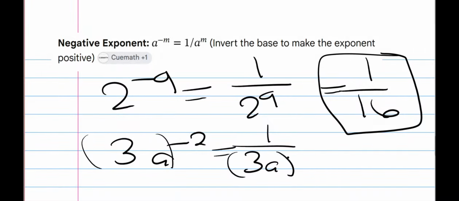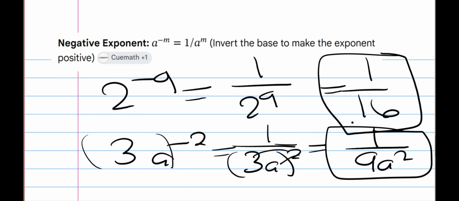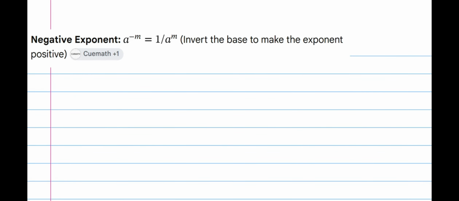So that would leave us 3a as a denominator, and if we distribute using the power of a power rule, that would give us 1 over 9a squared, and that's your final answer there. Here, I will also provide at least 2 more examples to end this video.